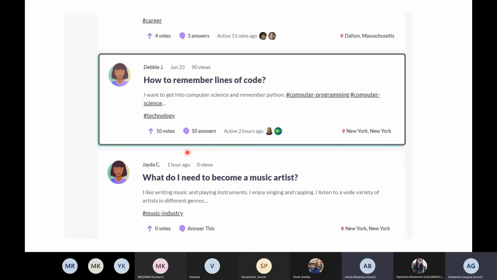If you ask a music question to me, who is not a music expert, I will not be able to answer. So it should route it to somebody who is a musician or a music expert. Similarly, if it is a computer engineering question, it should be routed to a computer scientist or a computer programmer, or whoever is more engaged in computers.